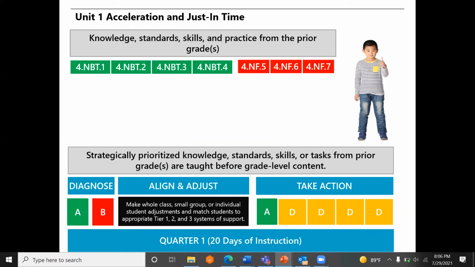Here you see that an accelerated minded teacher will get an understanding of what students know by first diagnosing those students using a diagnostic. They will diagnose and assess those prerequisite content skills as the basis of their assessment.